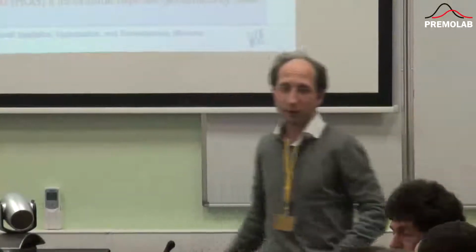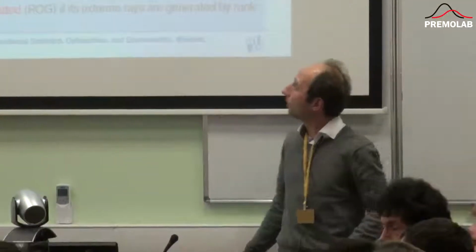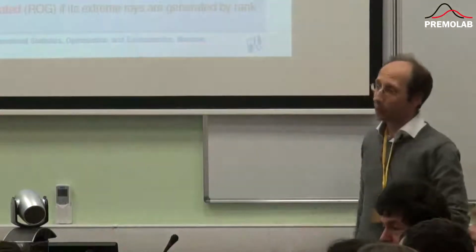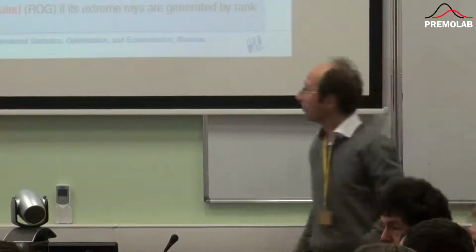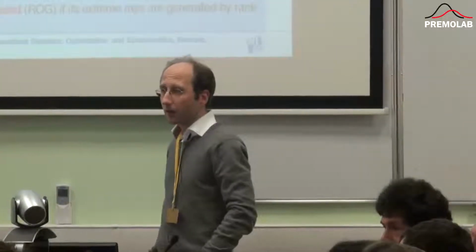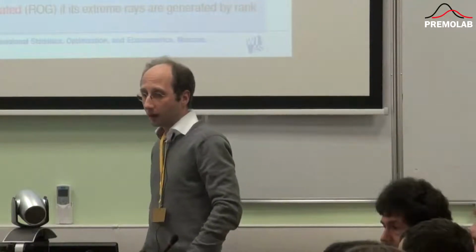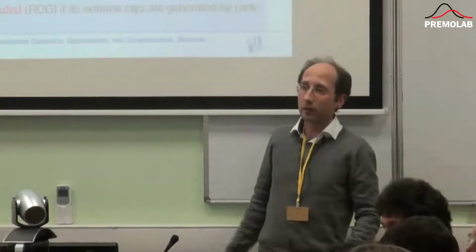It's nearly 20 years that this class of problems is efficiently solvable, and the solvers are now ripe enough to make it work. Sorry, what are these angle brackets? It's just a scalar product in the matrix space.